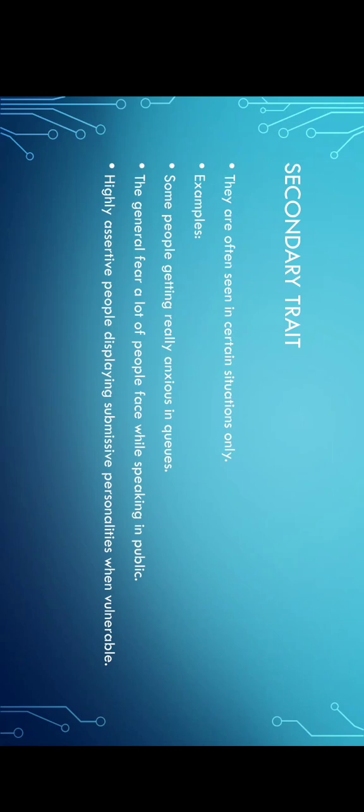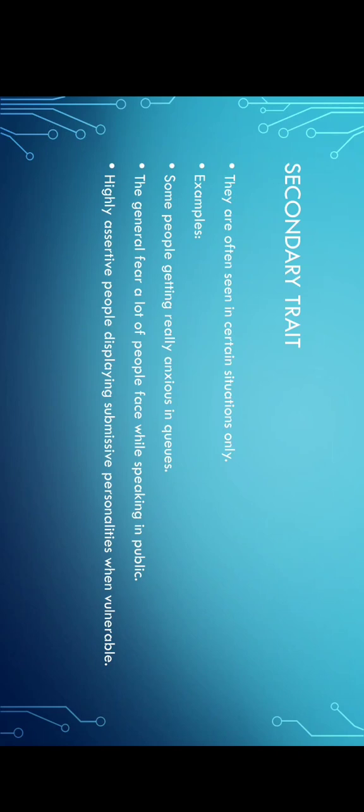There is a general fear many people face while speaking in public. People who are normally highly assertive can display submissive personalities before the law, or when they are encountered by the police, or when they are vulnerable in general.